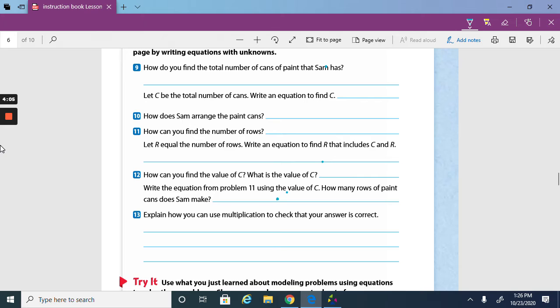You've had some time to work on that, so let's go up here to number 9. How did you find the total number of cans of paint that Sam has? Well, I would have to add 12, because that's how many cans I have in the box, to the number of cans on the table.